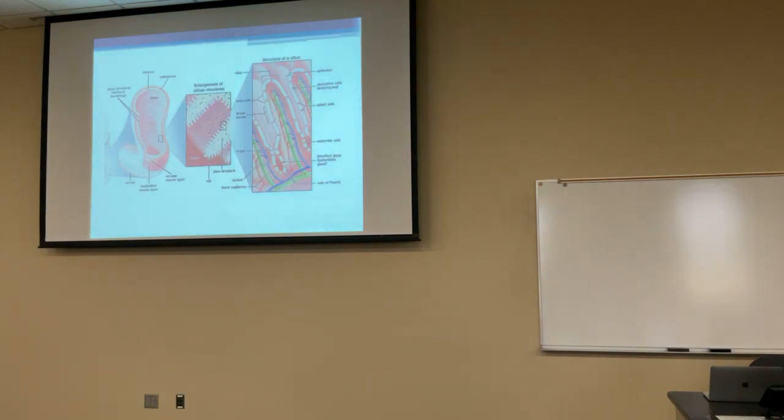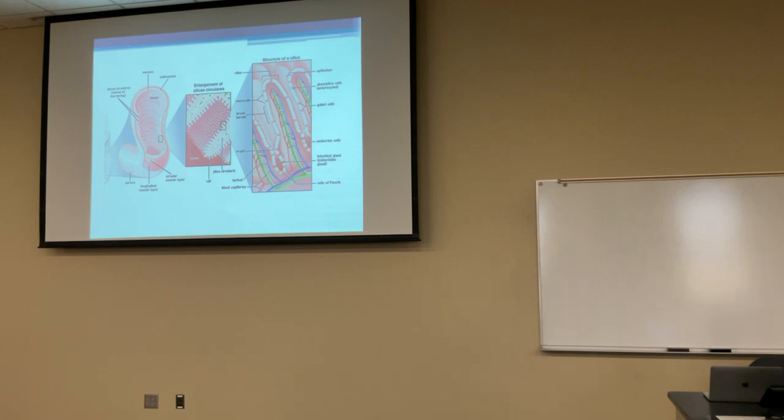This just shows a diagram of these different adaptations. These are the circular folds or plicae circulares that increase the surface area available for absorption. These circular folds also probably slow down the movement of the food through the small intestines, and the slower it moves, the more molecules can be absorbed.